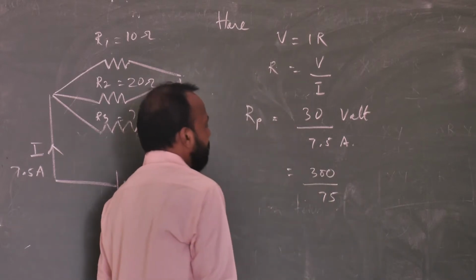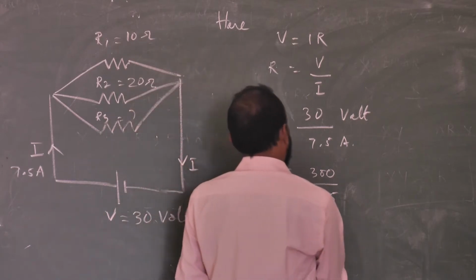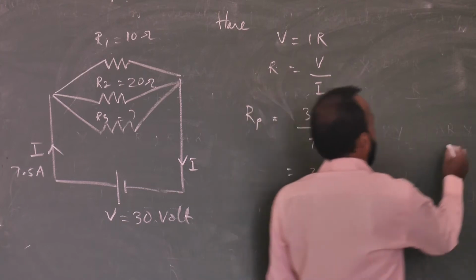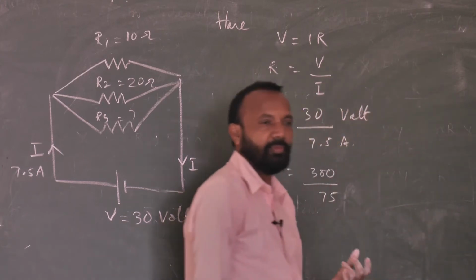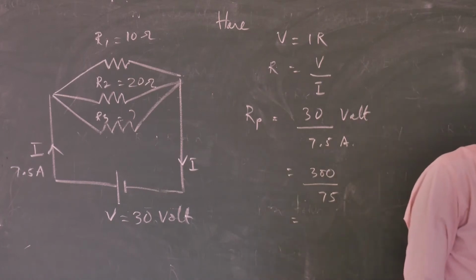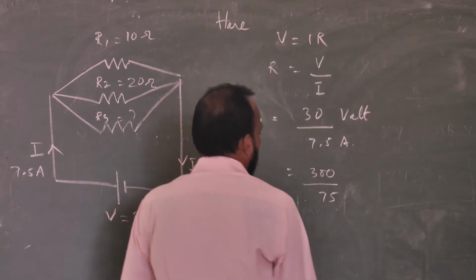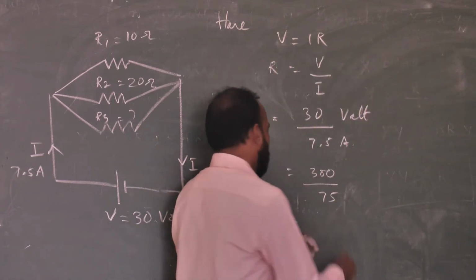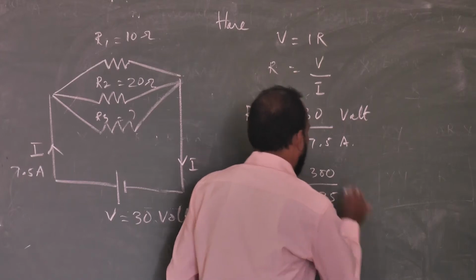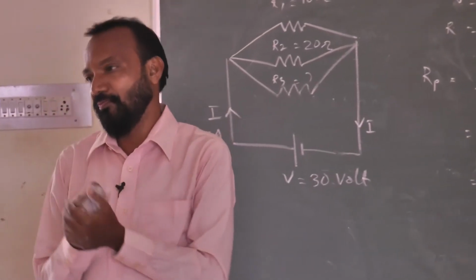Please calculate it. How much do you get? It is 4 ohm. So the resistance in parallel is 4 ohm.